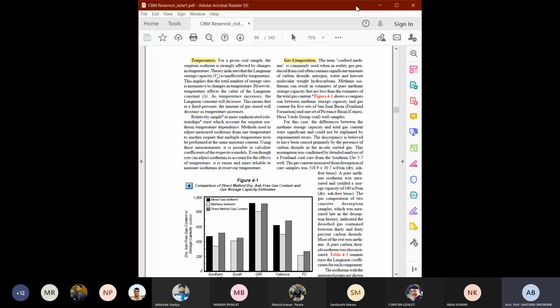If you are unable to do that, you will not be able to calculate the individual gas component. You may be able to calculate the total gas content, but you can never get the gas storage capacity of nitrogen, of methane, or of carbon dioxide, until you know the percentage of the gas fractions available in that reservoir.